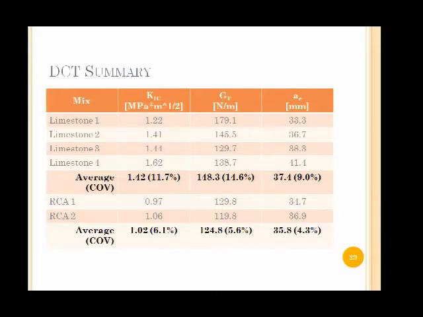And again, we saw that the limestone had a higher K1C than the RCA. The fracture energies are similar, but the limestone is a little higher. And for this geometry, our initial notch length is 27.5 millimeters. So the limestone had about a 10 millimeter crack extension, while the RCA had about an 8 millimeter or 9 millimeter crack extension.